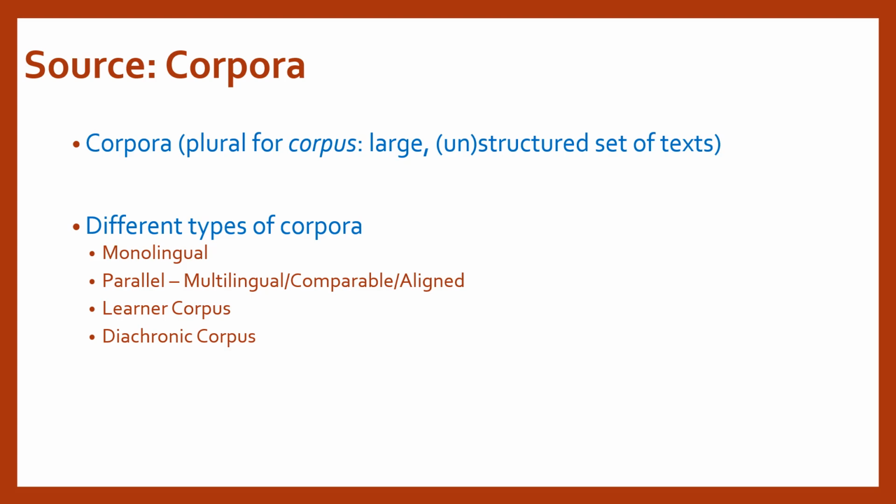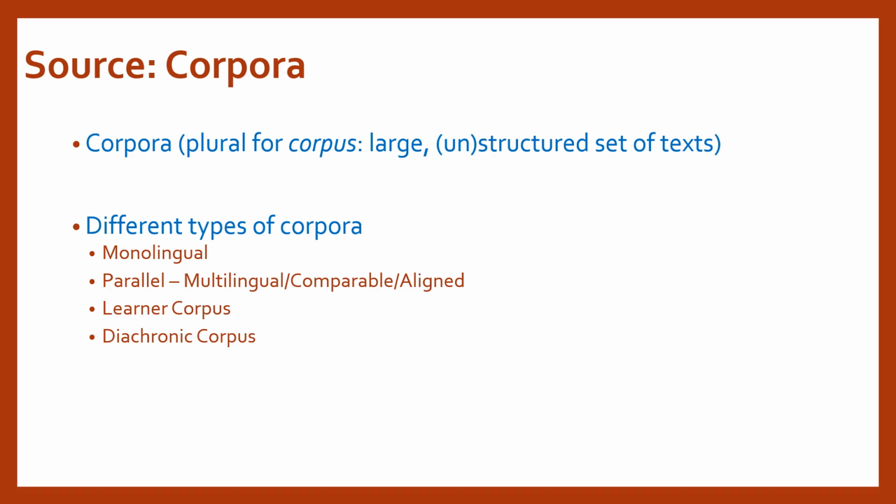Comparable corpora are a kind of parallel corpora where this alignment or matching is not done, but you can still compare them because the way the multilingual text has been generated is based on a similar principle, and thus they can be compared.